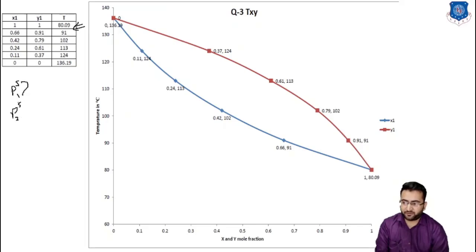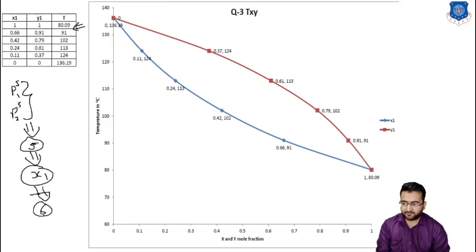Using these values in equation number 5, we will get the value of x1, and using this value of x1 in equation number 6, we will get the value of y1. So at different temperatures we calculate all this and get this table.